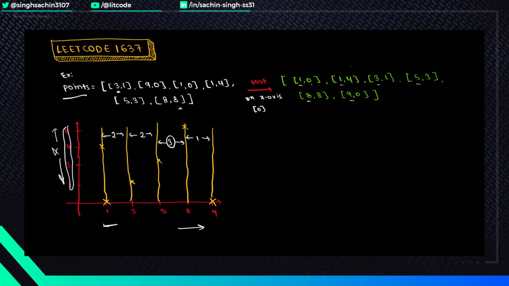So now we get 1, 1, 3, 5, 8, 9. Now what if I just find the difference between this value and this value? Next one will be 3 and 1. After that 5 and 3. Now 8 and 5, and so on and so forth.